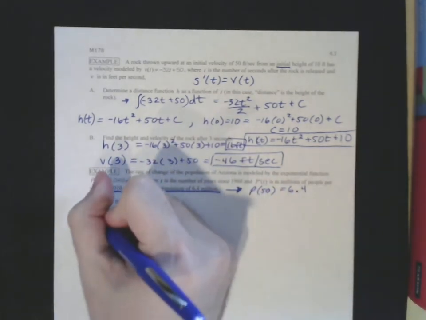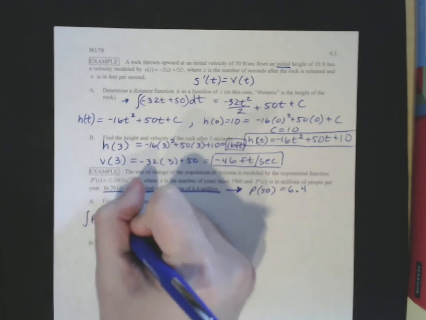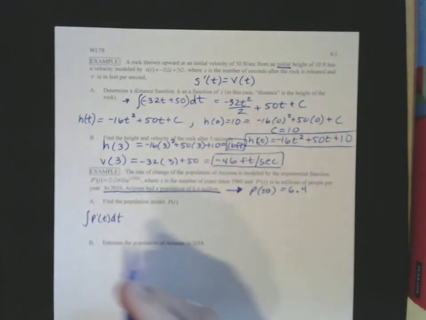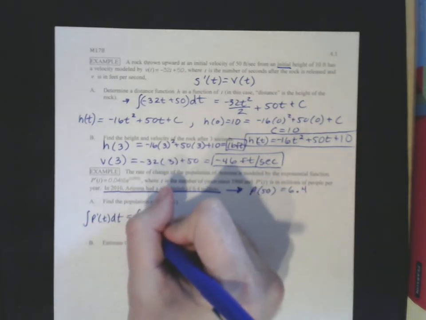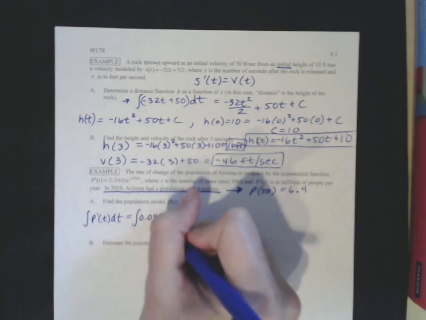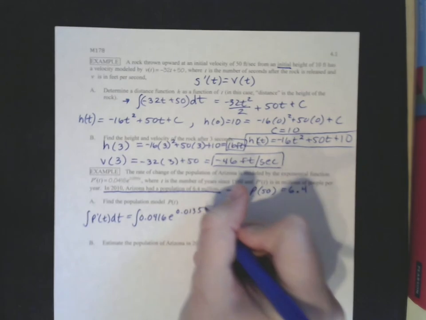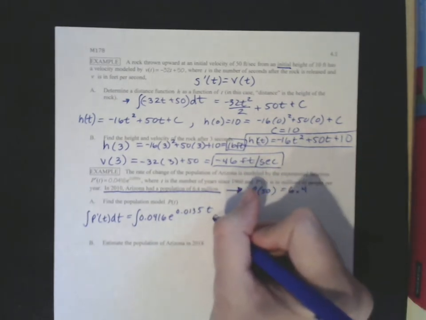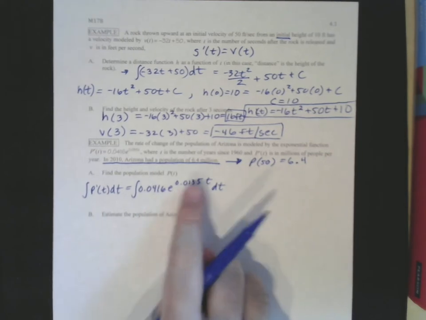Not only do we need to integrate our p prime of t dt, we're going to have to then use our initial condition to find our full value. So this is the integral of 0.0416 e to the 0.0135 t dt. Now this one looks gross because it's decimals, but it's still just an exponential.